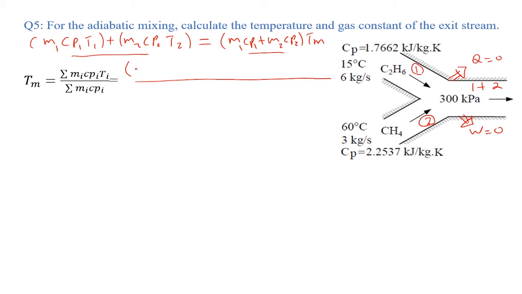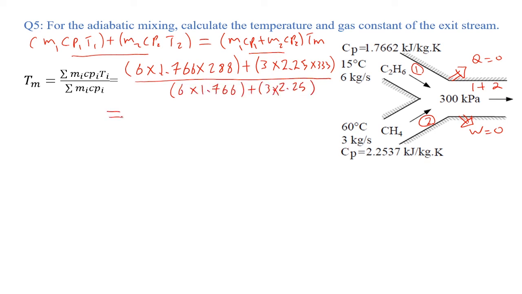So we calculate for stream 1 and stream 2. Note that we have to convert from degrees Celsius into Kelvin. At the bottom we write the same but without the temperature. So the mixture temperature in this case is 305.5 Kelvin, which is 32.5 degrees Celsius.